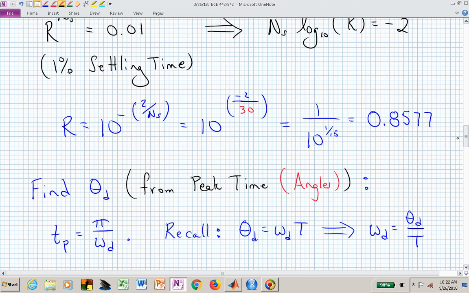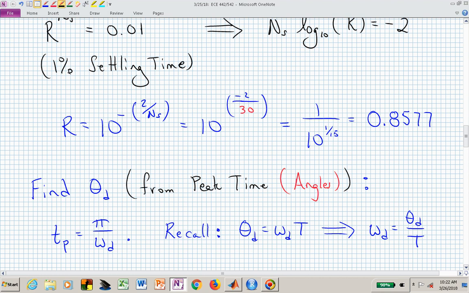We can find the other half, the angle theta sub d, using the peak time performance spec, and the peak time again gives us angles in the z-plane. Peak time, if we derive it from a continuous time second order system that's purely second order, is pi divided by omega sub d, where omega sub d in the s-plane is the imaginary distance of the complex poles, the distance we are away from the real line.